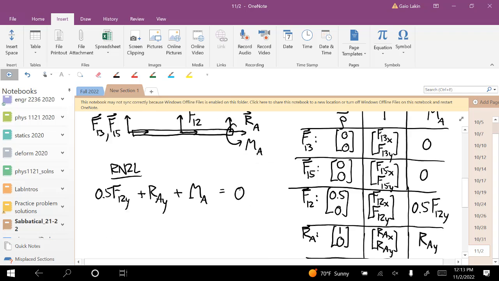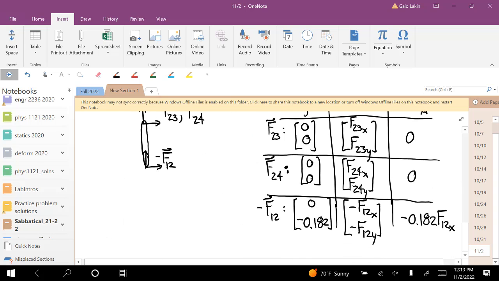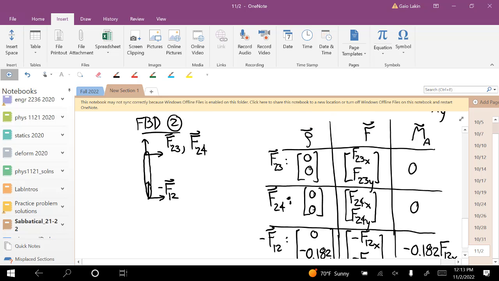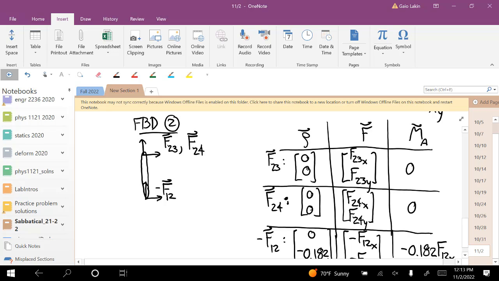And what made me think of that is you can see right away that our rotational Newton second law says negative 0.182 F12x is equal to 0. So there can't be any x component to this force. There could be x components to these individual forces, but they have to add up to 0.